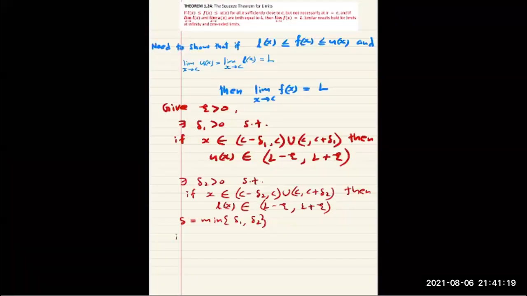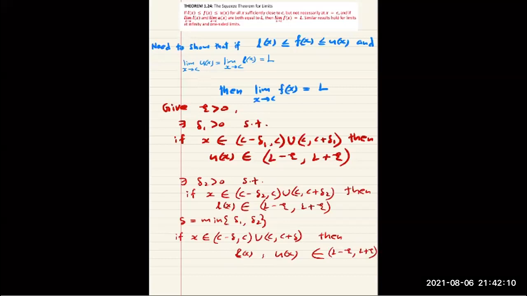Then I can say that if x is in this punctured interval, the union of (c minus delta, c) and (c, c plus delta), then we should have both L of x and u of x between L minus epsilon and L plus epsilon.